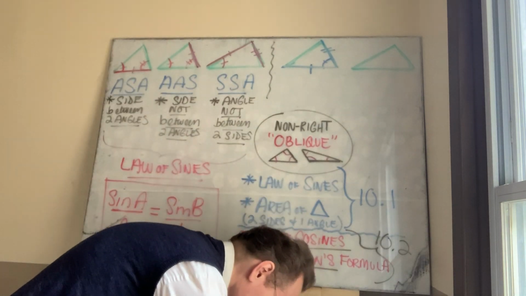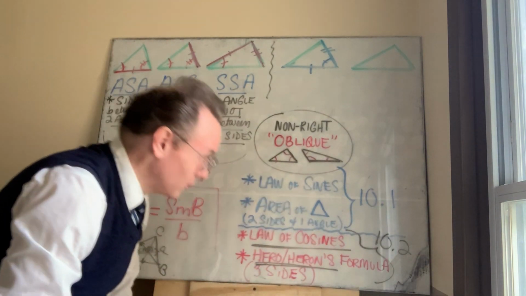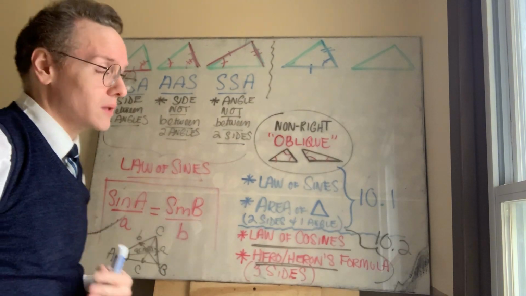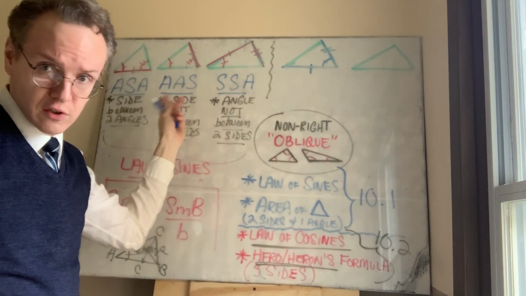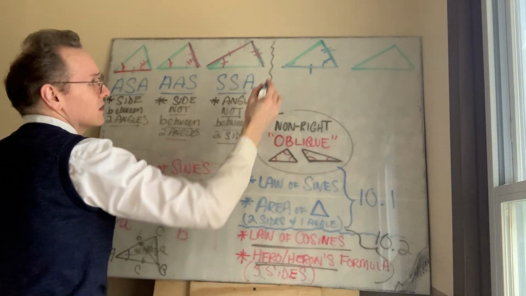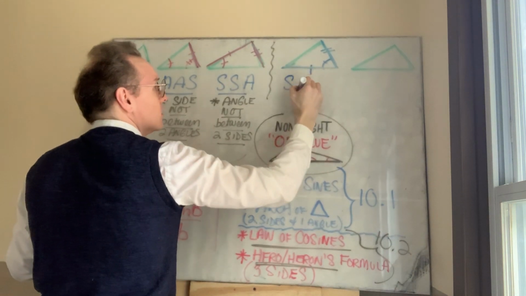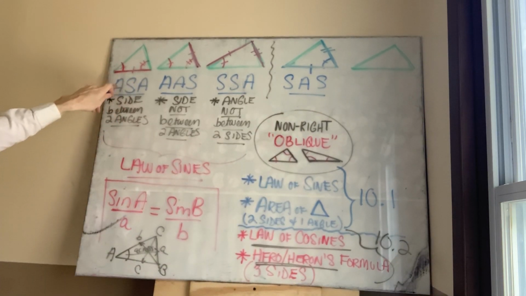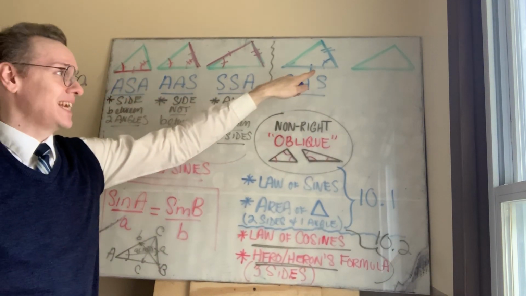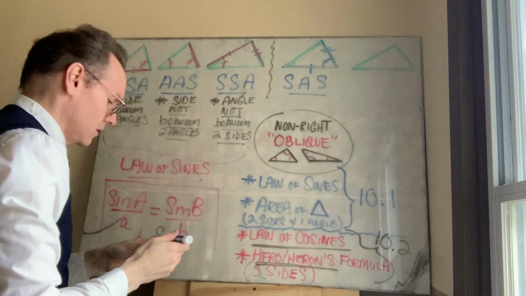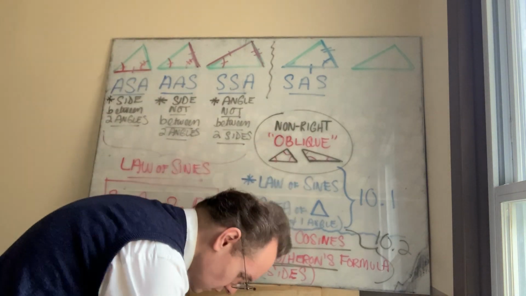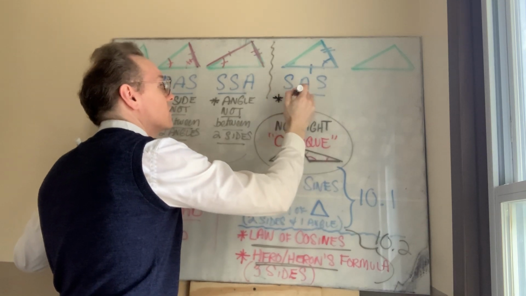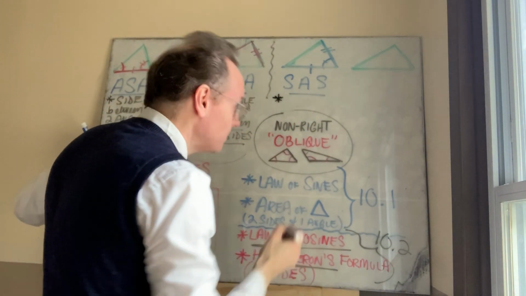All my blues suck today. What is going on with blue? Again, if you're sticking with the nomenclature of how we label these things, it's a side, an angle, and then a side. Not to be confused with this. This is ASA, this is SAS. Again, to distinguish it verbally, this is an angle between two sides.